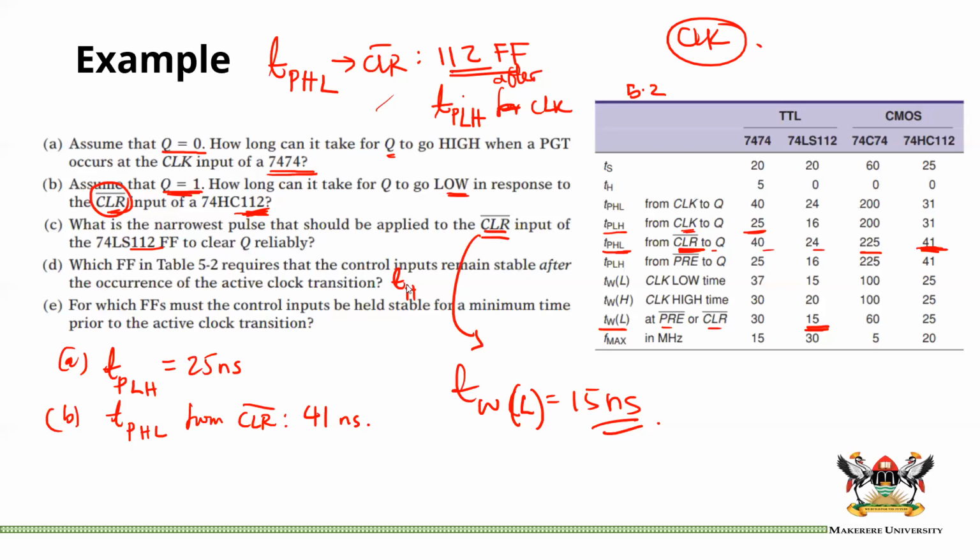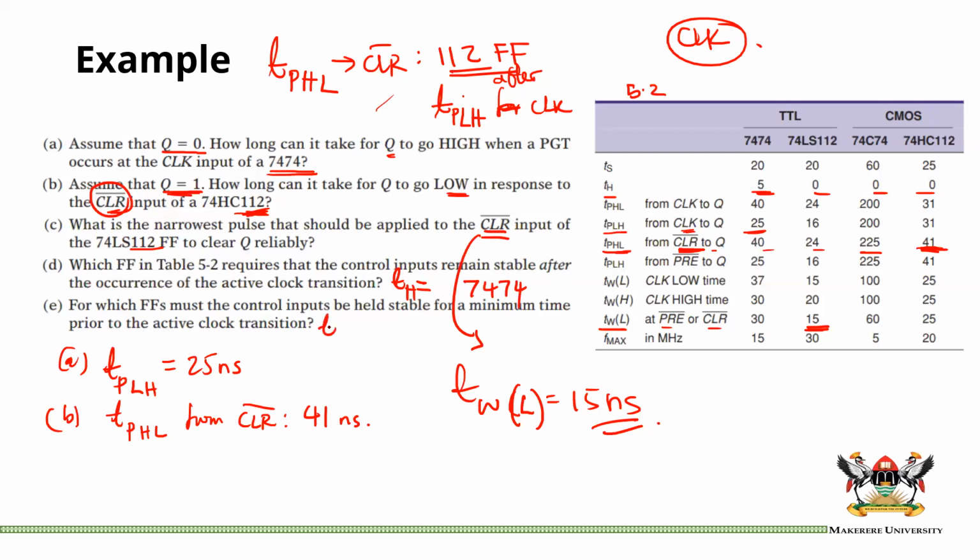So this is really, if you look at the TH, this is 000, meaning there is no requirement. So the one that requires a holding time is the 7474, as simple as that. And then for which flip-flops must the control inputs be held stable for a minimum time prior to the active clock transition?